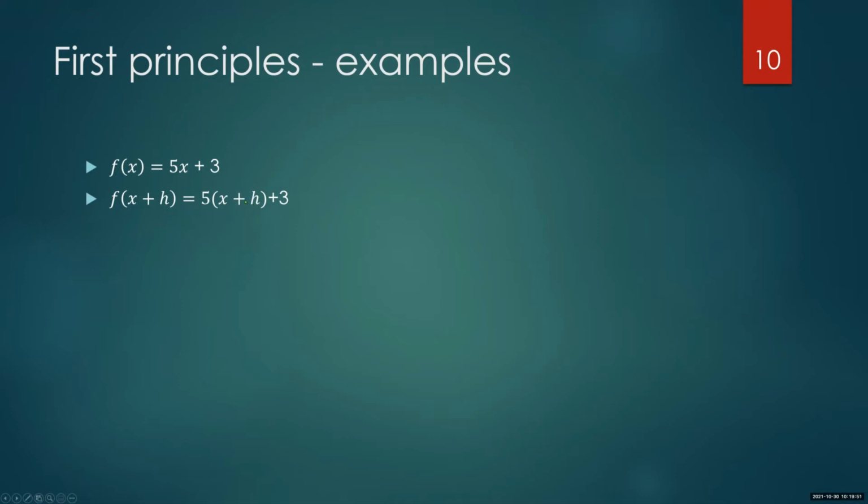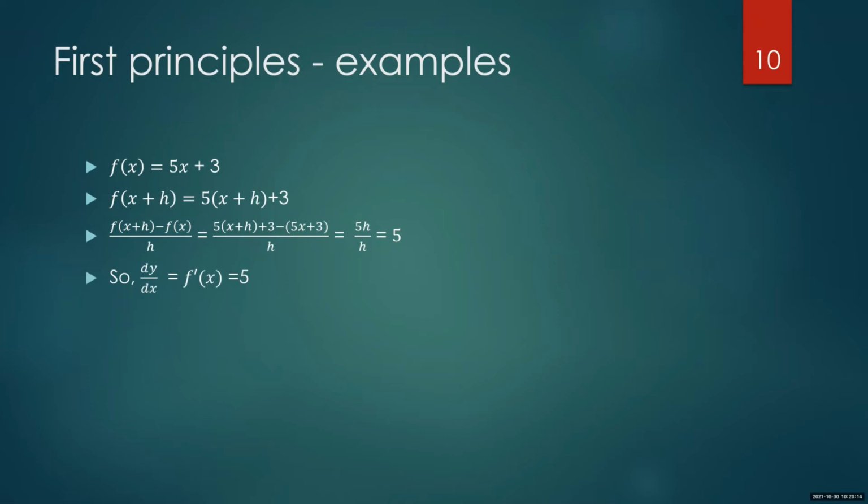We simply substitute x plus h for x. And f of x plus h minus f of x all over h becomes 5 of x plus h plus 3, and then we subtract f of x. And so we're simply left with 5h all over h, and that's 5. So dy dx is equal to f dash of x, and that's equal to 5 in this case.